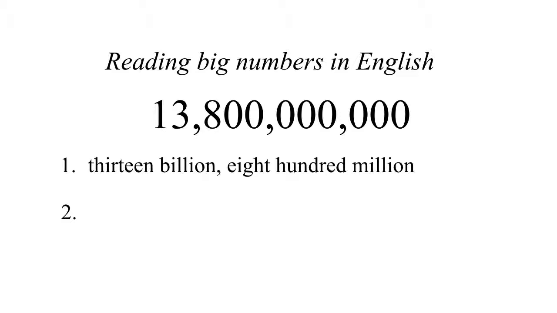Because in an article, it's going to be too long to write out 13,800,000,000, and they probably are not going to write out so many zeros. So in that case, you're probably going to see it written like this, 13.8 billion. Now, it means the same as the first one, but in an article, that's probably how they're going to write it out to make it shorter.